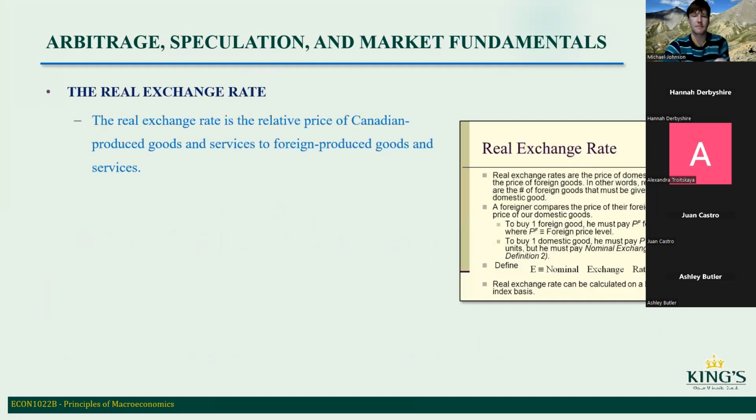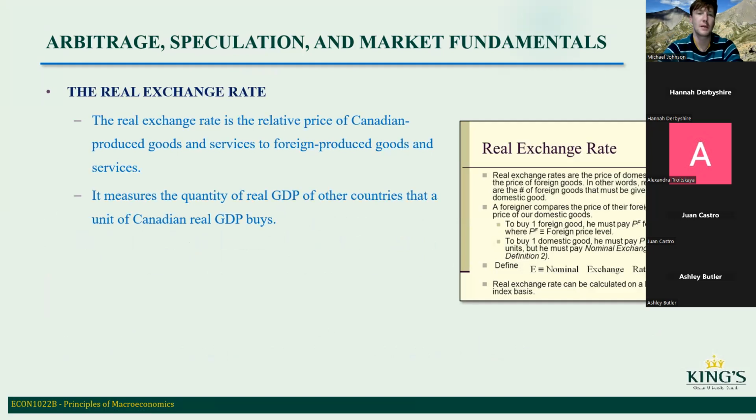So, the real exchange rate. It's similar to real GDP, where you take out the influence of price. It's just based on the value of products and services.